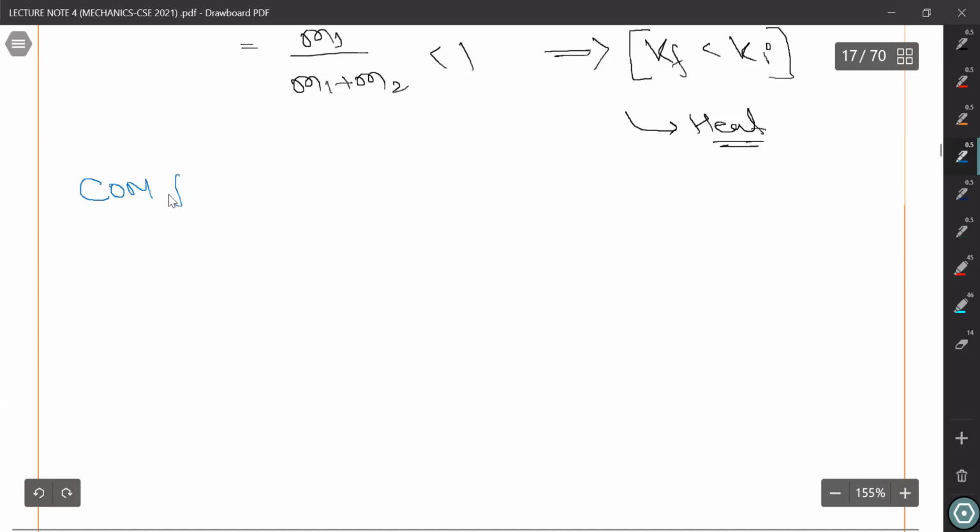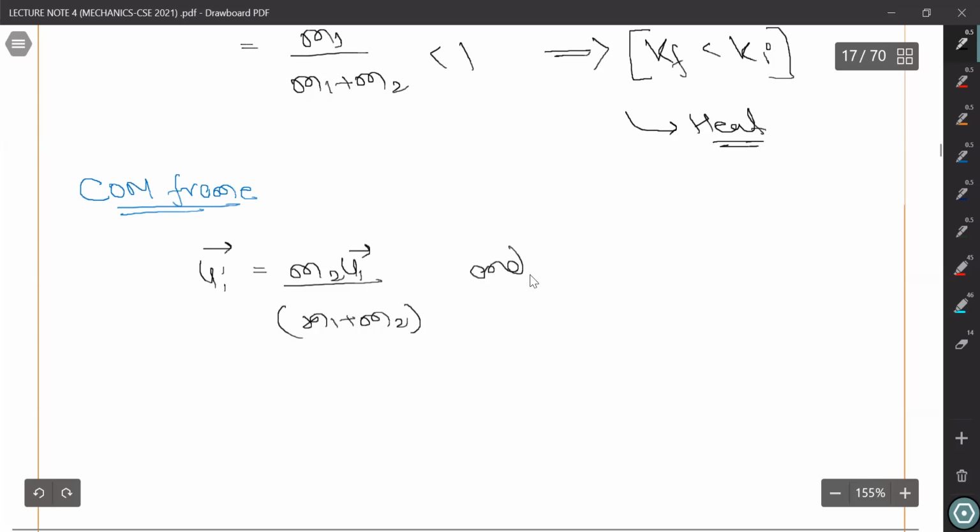Also, what if we consider this from the center of mass frame? If we consider the same thing with the center of mass frame, when we write u1 dash, we know that it is m2 u1 upon m1 plus m2. And if you write u2 dash, we have already discussed these things in the center of mass chapter, it will become minus m1 u1 upon m1 plus m2.